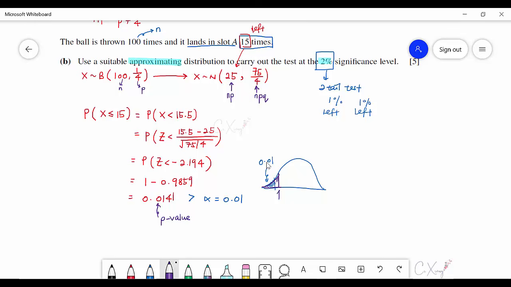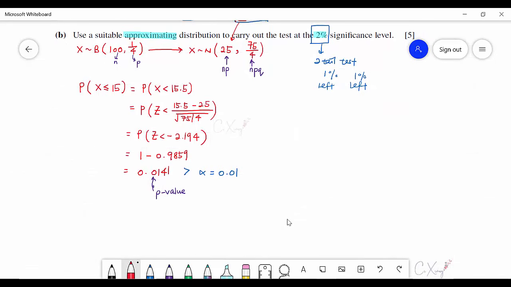And if you look at this line, the value of the area actually falls outside the rejection region. So from here, you should know that we do not reject because it falls outside the rejection region. Therefore, the conclusion for this question will be we do not reject the null hypothesis.